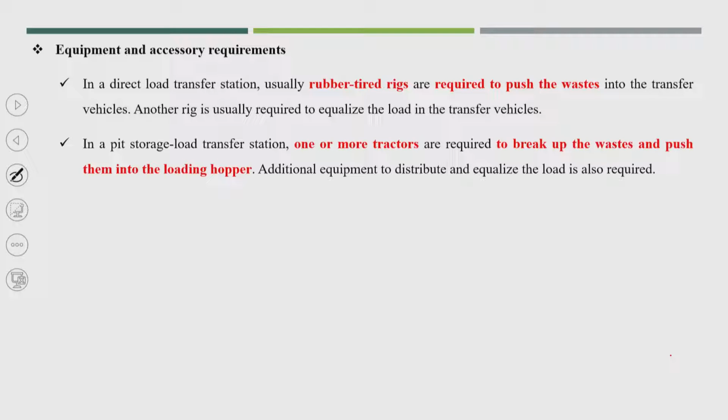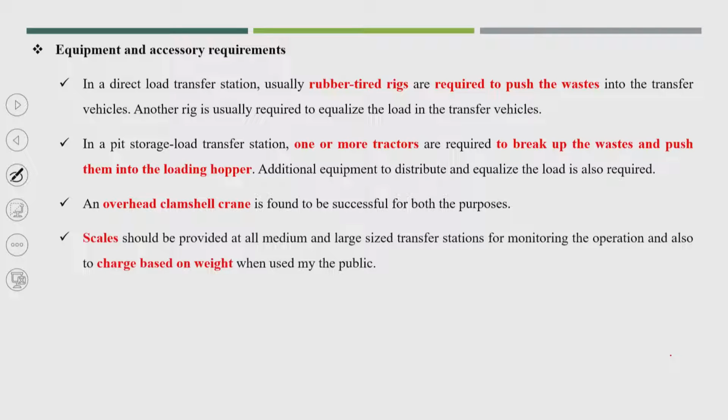Additional equipment to distribute and equalize the load is also required, because that has to be equalized with the different operations or larger vehicle availability. An overhead clamshell crane is found to be successful for both purposes, especially to distribute and equalize the load in the storage area.